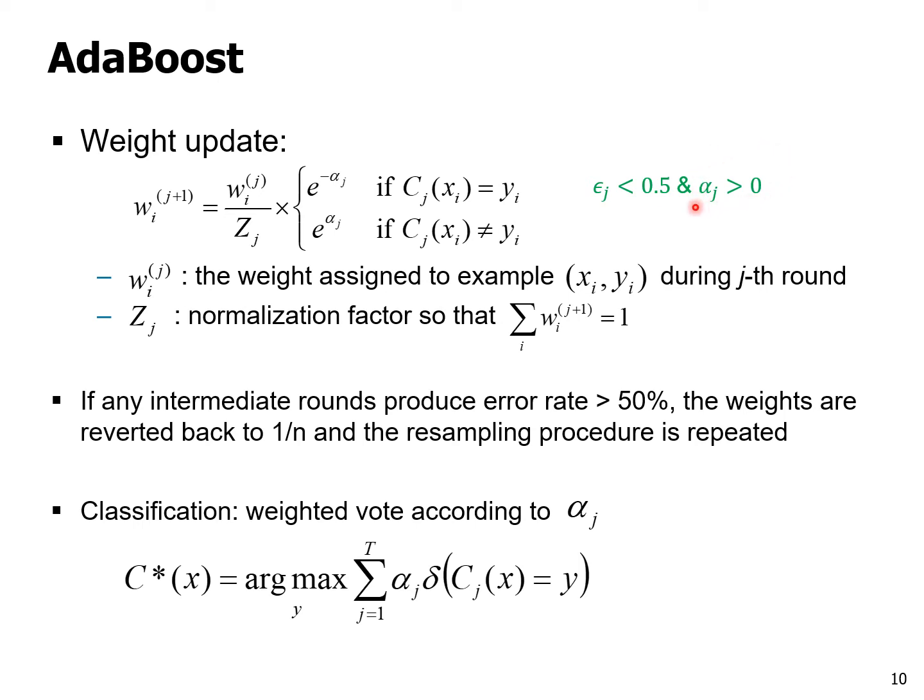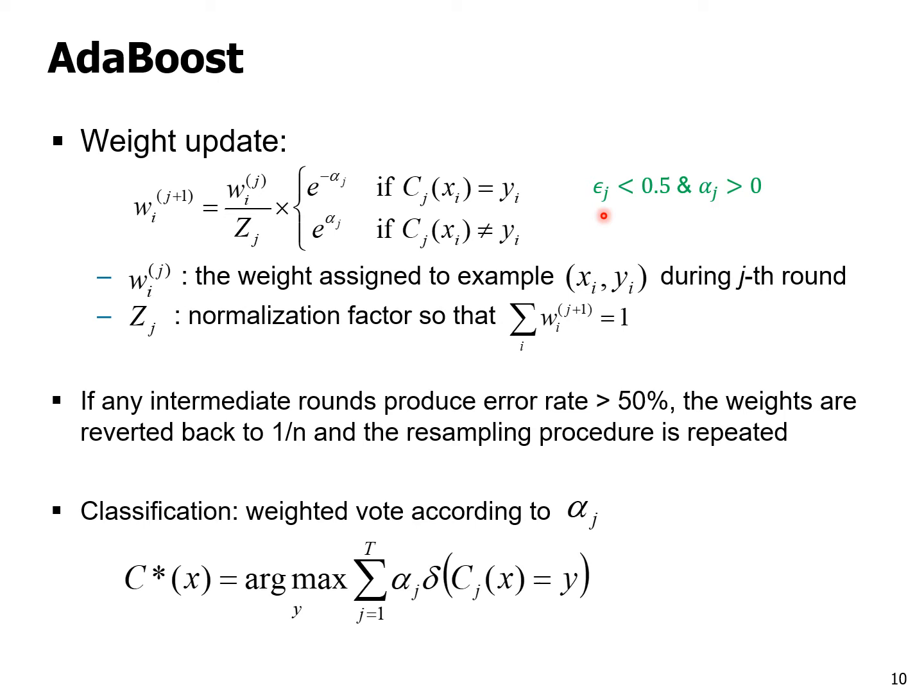The reason is, if you look at the shape of this alpha function, if the error of classifier j is less than 0.5, then this alpha value is always positive.